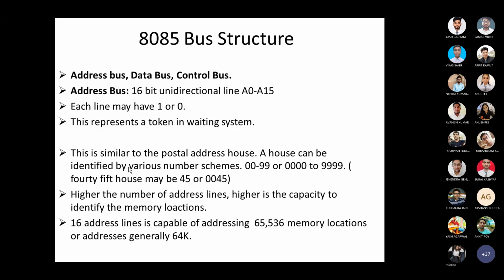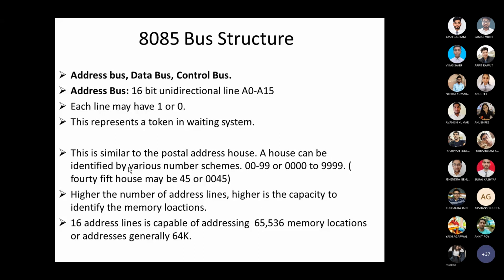In a similar way, you can also assume the address bus as the location for a house. Suppose we have a colony with houses, and we can either take the 2-digit system for allocating the houses, or we can use the 4-digit system.